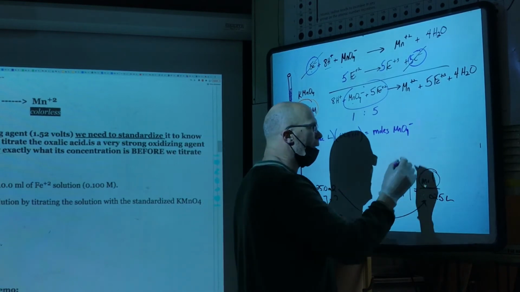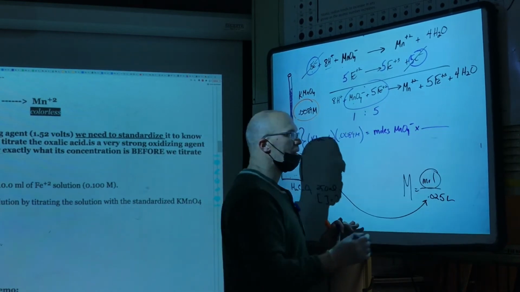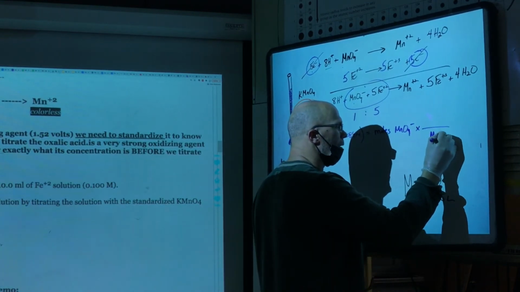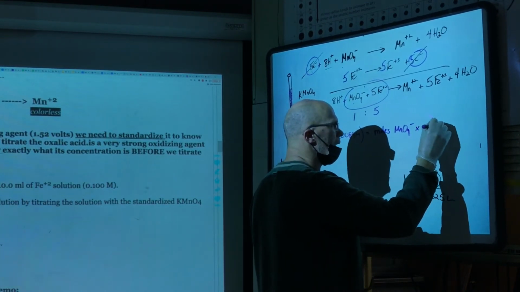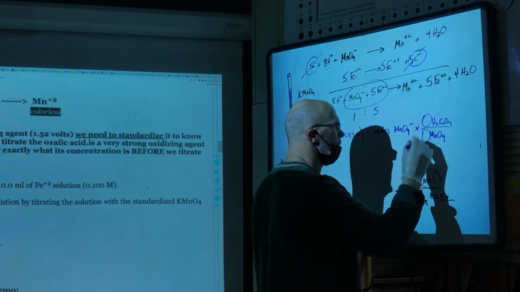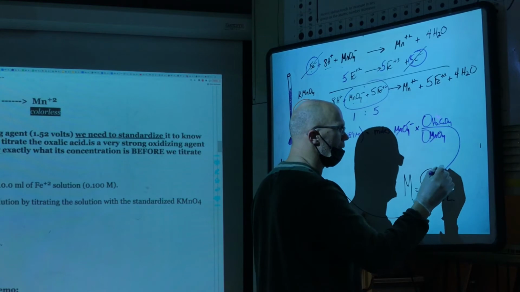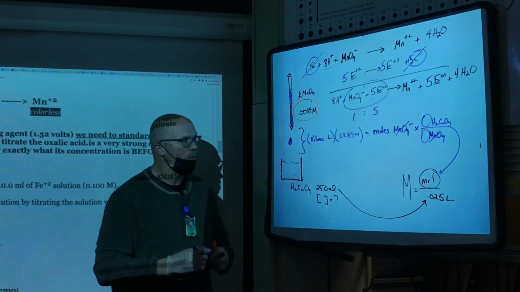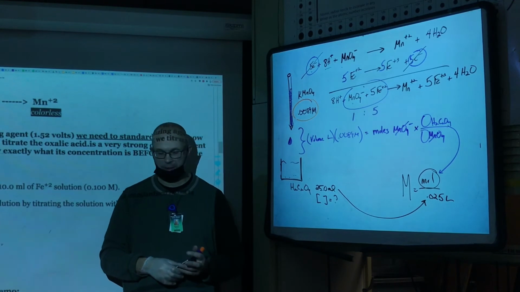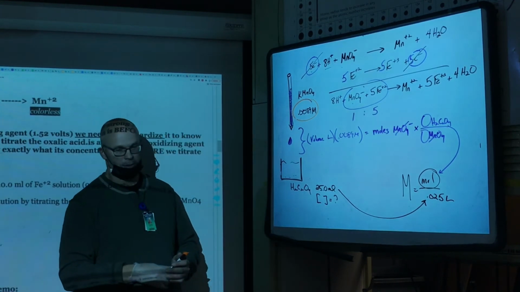And somehow, I got to times it by the ratio of MnO4 to oxalic acid, H2C2O4. I need to know this ratio to get the moles of oxalic acid. So, to do that, I have to do another balancing. So let's go do that together.